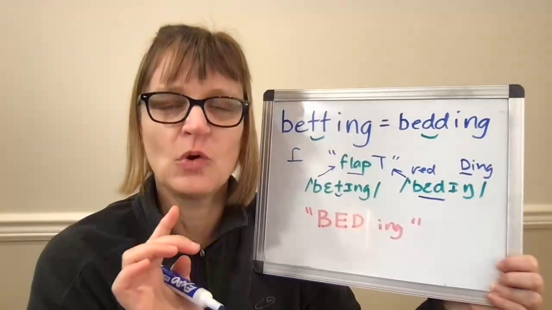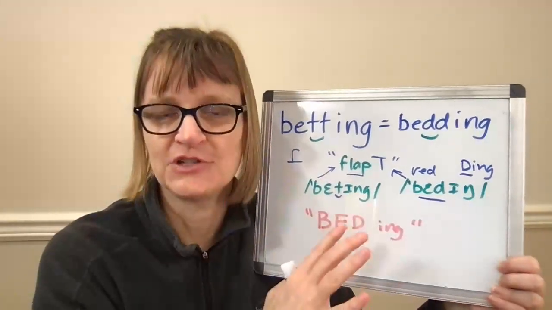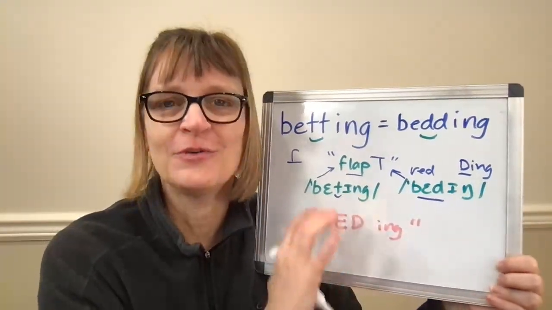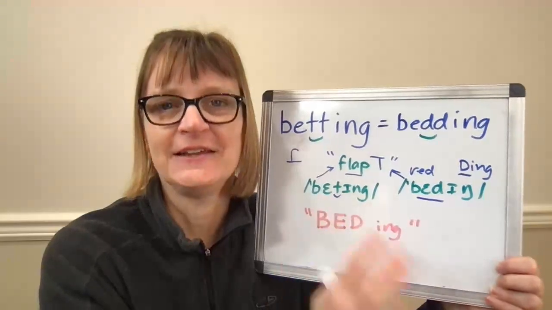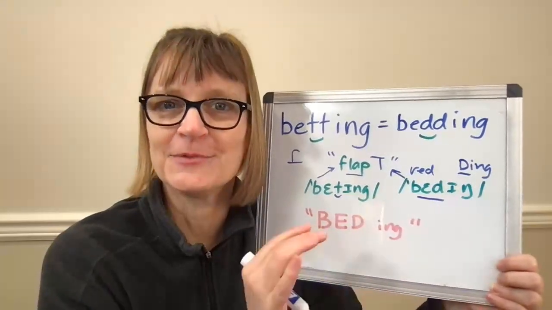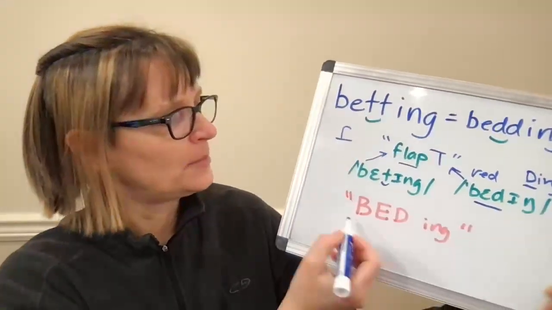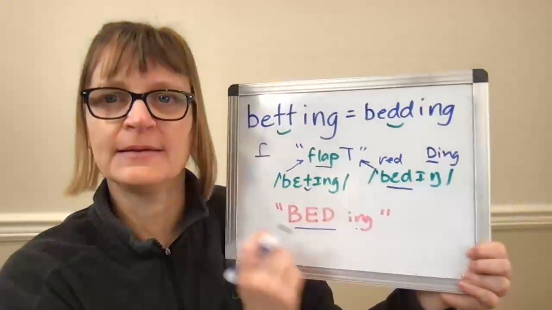It's like one roll of a rolled R. But not to confuse the matters here, we in American English never use that for R. We just use it for T and D in the middle of words, and also sometimes when we're linking T at the ends of words. So both of them will sound like bedding, bedding.